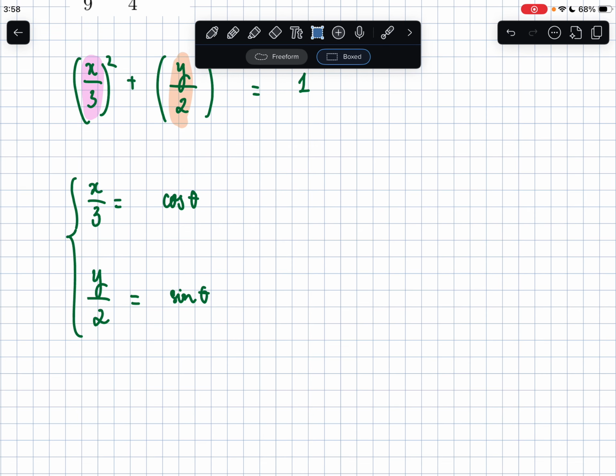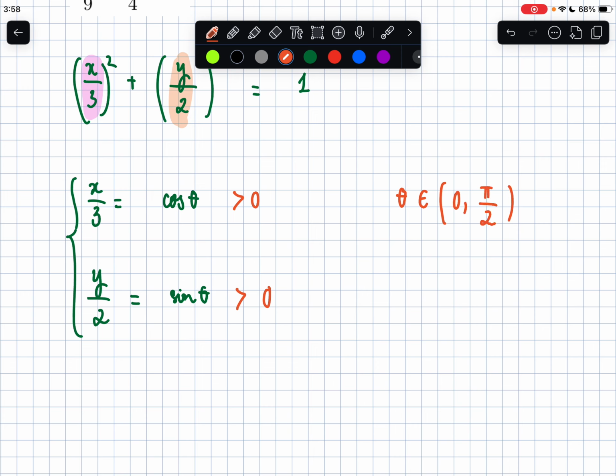And remember that our x and y are in the first quadrant. So x over 3 bigger than 0, and y over 2 bigger than 0. So both sine and cosine are bigger than 0. So our angle theta is between 0 and pi over 2.